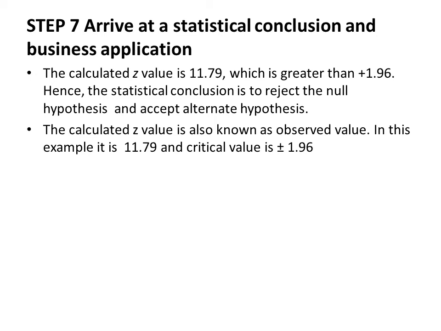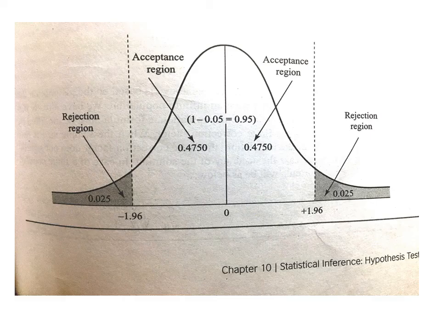Hence, the statistical conclusion is to reject the null hypothesis and accept the alternate hypothesis. The calculated Z value is also known as the observed value. In this example, 11.79 is the observed value and plus minus 1.96 is the critical value.